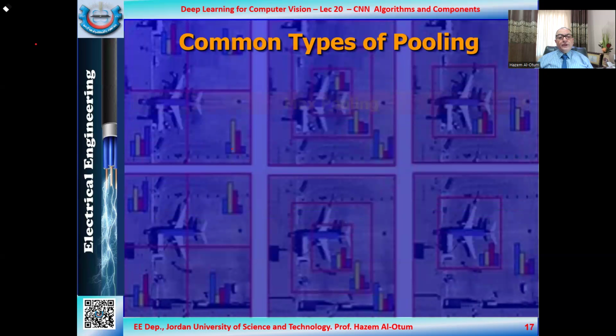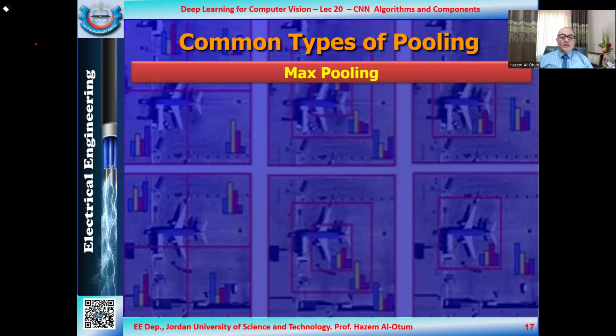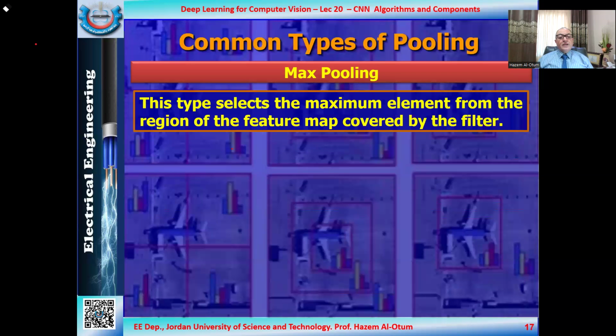What are the types of pooling? The first type is the max pooling. This type of pooling is used usually at the early stages of the system, maybe in the intermediate stages also. It just selects the maximum from a group of elements of the feature map covered by the max pooling filter.